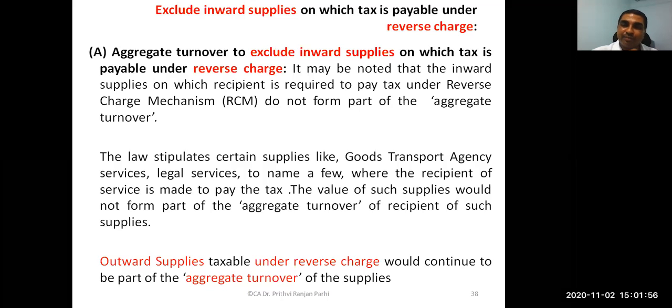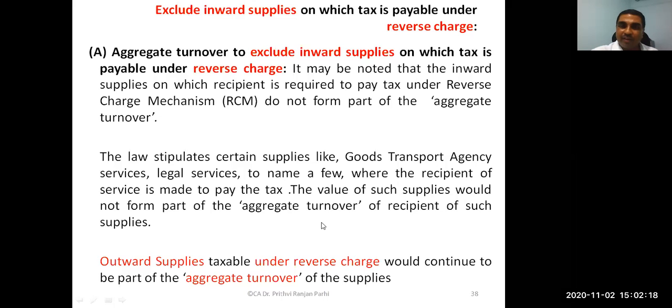But for these kinds of supplies, the recipient is liable to pay GST under reverse charge mechanism. And if GST is paid on these kinds of inward supplies, that will not be included in aggregate turnover.